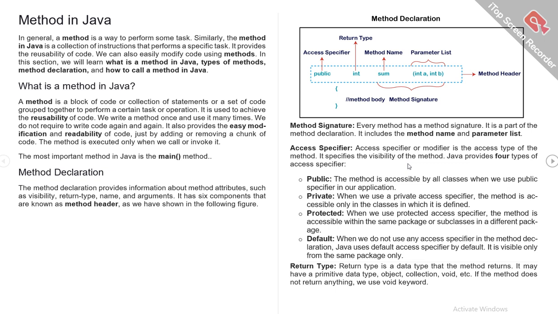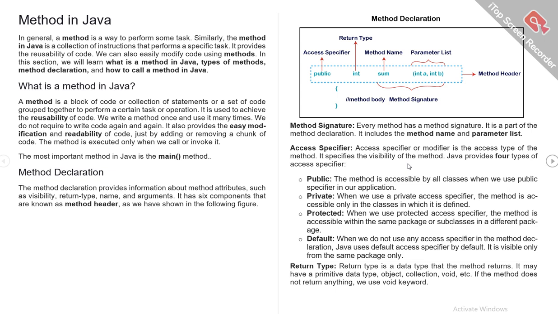It also provides easy modification and readability of code just by adding or removing a chunk of code. The method is executed only when we call or invoke it. And the most important method in Java is the main method.